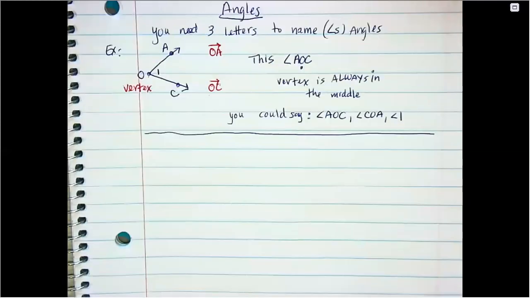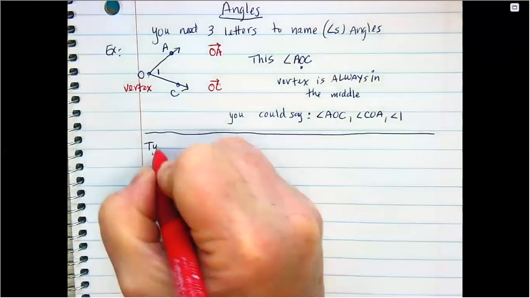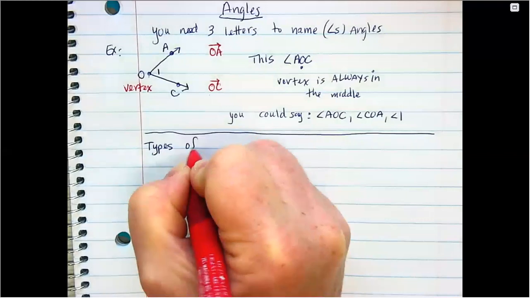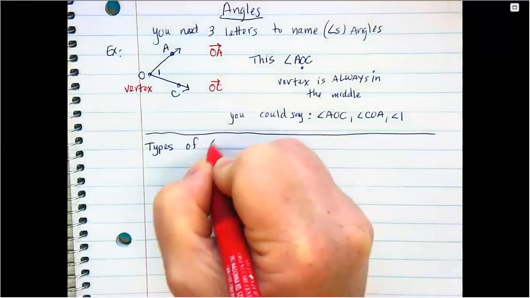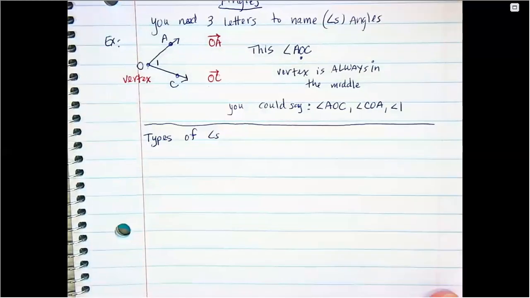Okay. Let's look at your types of angles. I know many of you have seen at least 3 of these, probably in pre-algebra, 7th, 8th grade math, maybe even earlier. The student I was tutoring in 5th and 6th grade was already doing this.